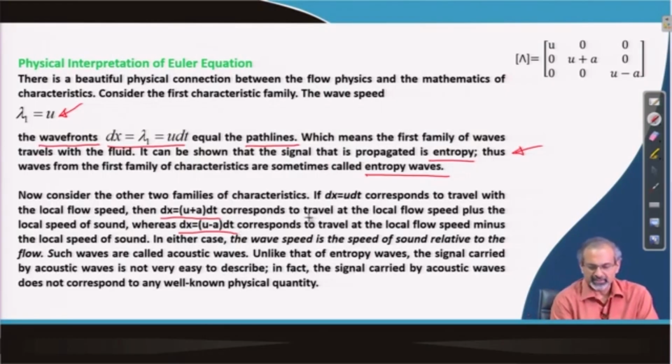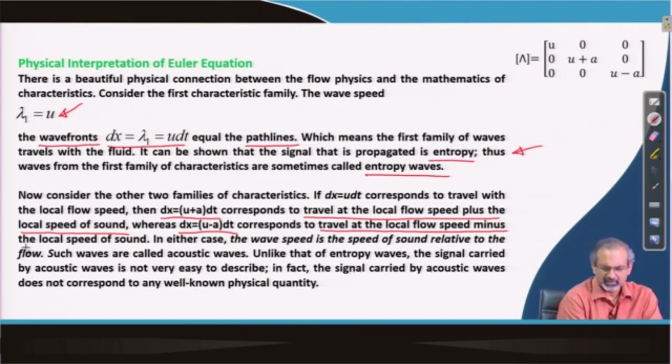If it is u plus a, it corresponds to traveling at the local flow speed plus the local speed of sound. So, there is a wave front propagating at that speed. And there is another wave front along which you travel at the local flow speed minus the local speed of sound.